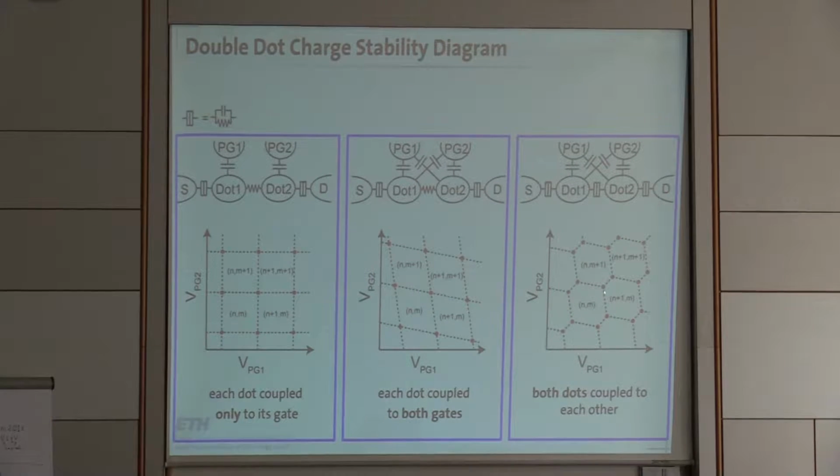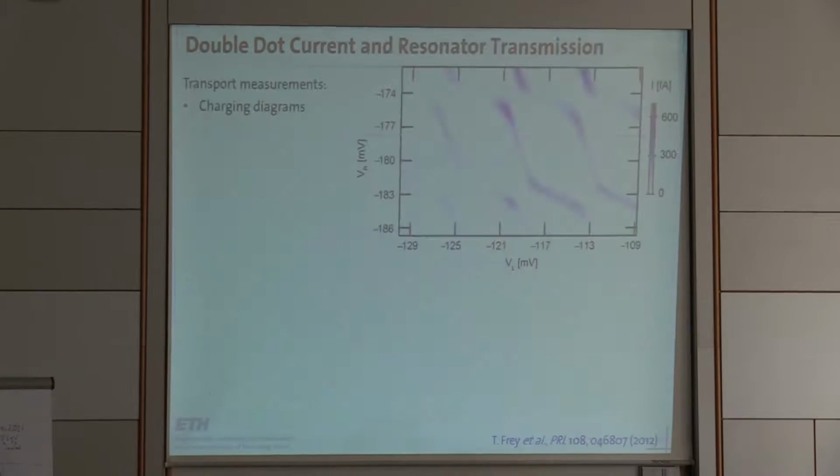Every one of these cells in the honeycomb you can assign a certain number of electrons, n on the left dot and m on the right dot. When you go from one cell to the other, you change the electron number in one of the dots by one.